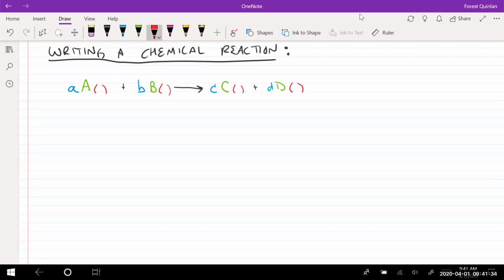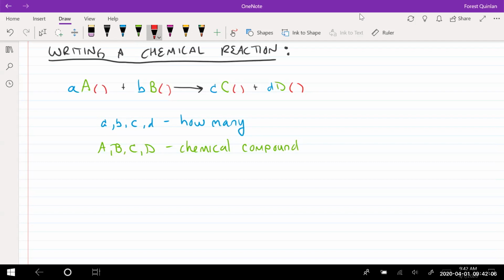Now, as we look at these, the little letters, so our a, b, c, and d, these are the how many's, and our big ones, A, B, C, D, these are the chemical species, or the chemical compounds.